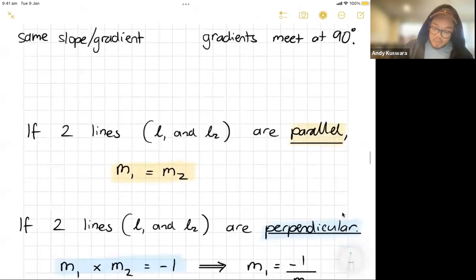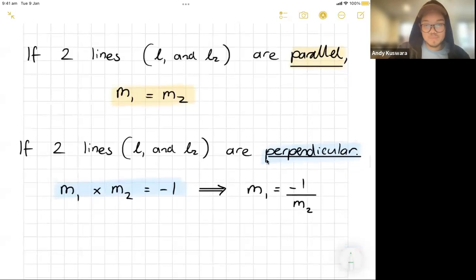How do we find parallel and perpendicular lines? This is the best way to put it. If we have two lines, L1 and L2, and they're parallel, that means their gradients are equal. So the gradient of line 1 equals the gradient of line 2. That's nice and easy. If they are perpendicular, the rule goes like this: the gradient of line 1 times the gradient of line 2 should give you -1.